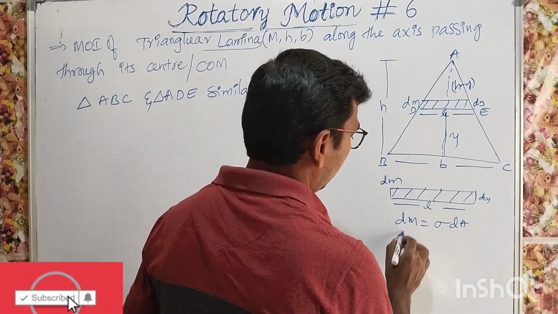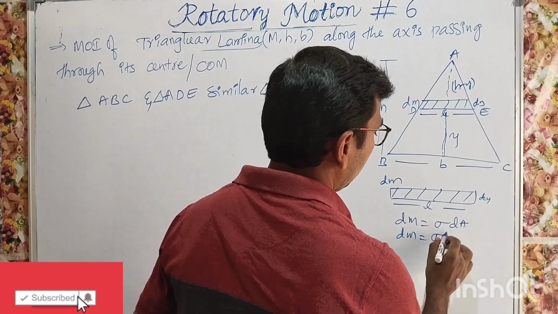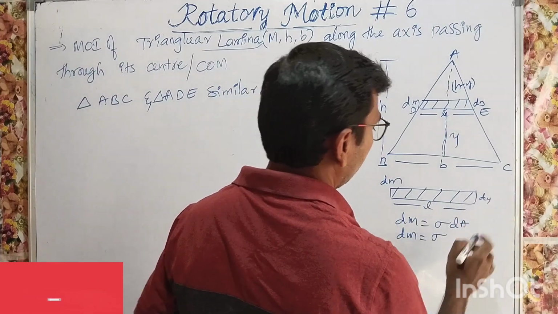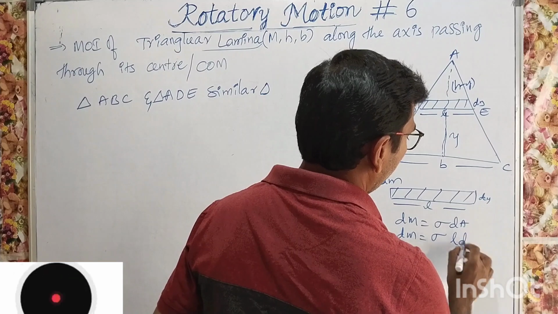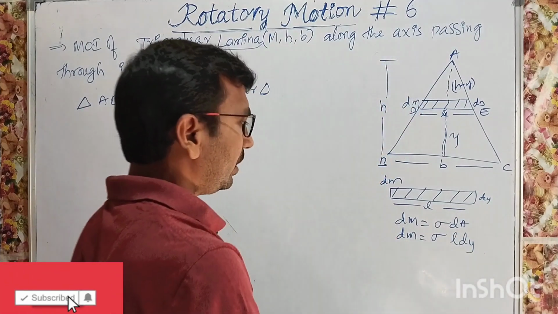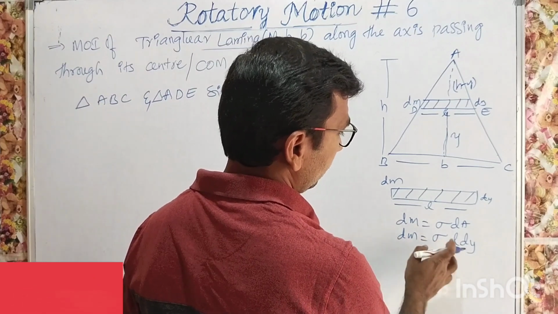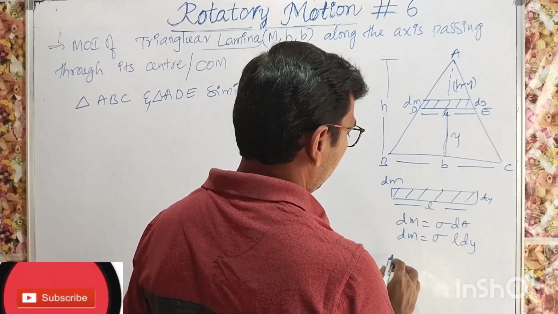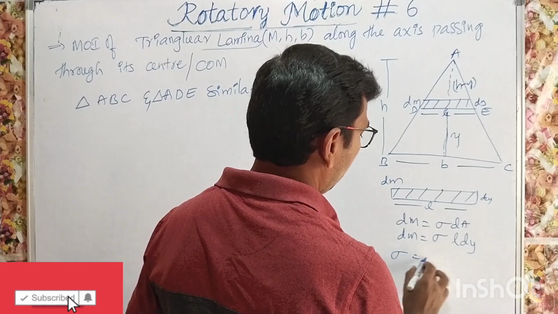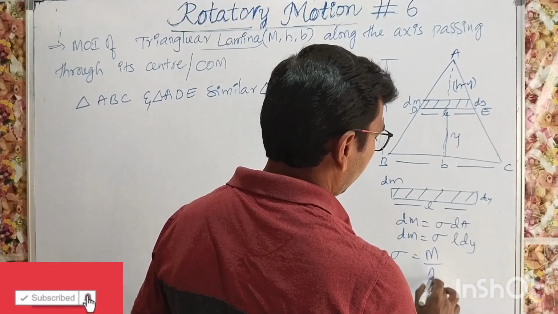The area is length into breadth, so dm is equal to sigma L dy.